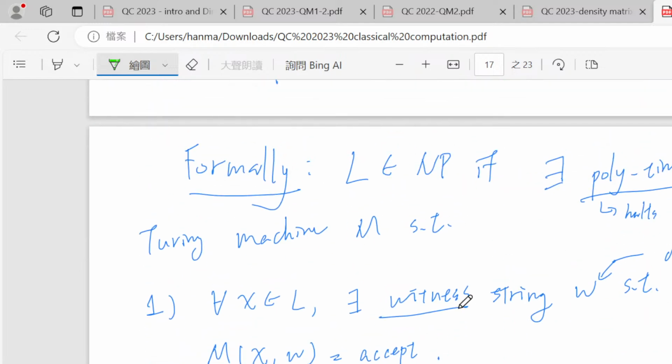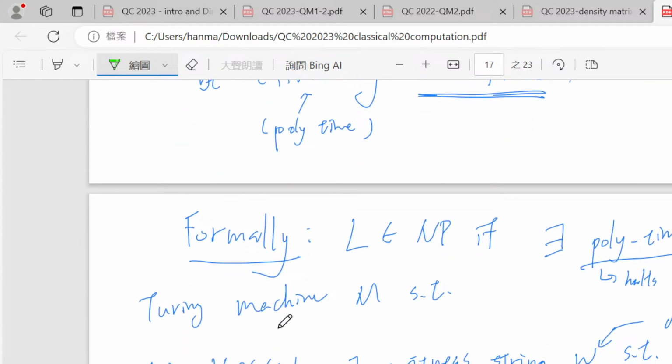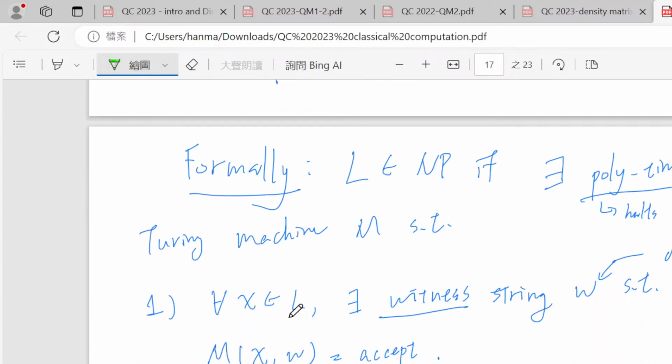So in NP, there is a polynomial time algorithm or Turing machine such that, really only verifying when you are in the yes instance. If the bit string x is inside the language, then there exists some witness w, so we have this interesting concept of witness here.